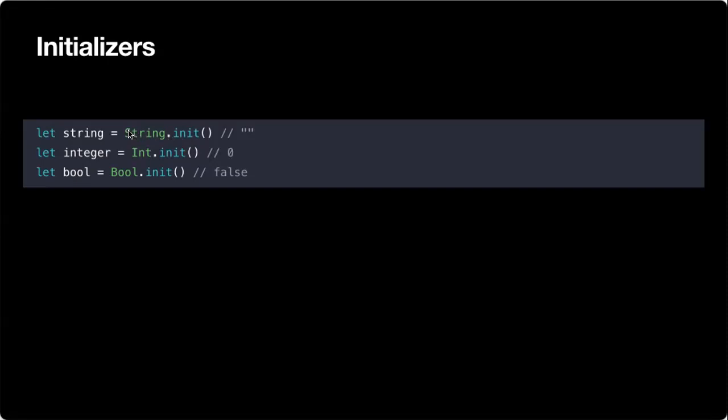So when you define a string, for example, and then you put dot init, this initializer will be blank. When you say int.init, it will be initialized to 0. When you say Bool.init, it will be initialized to false.